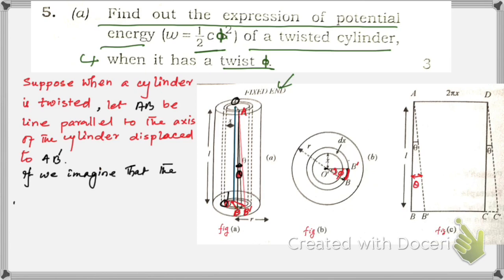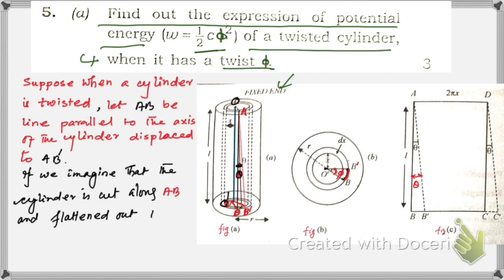Now imagine that the cylinder is cut along AB and flattened. Before twisting occurs, we have got an ABCD rectangle, right?